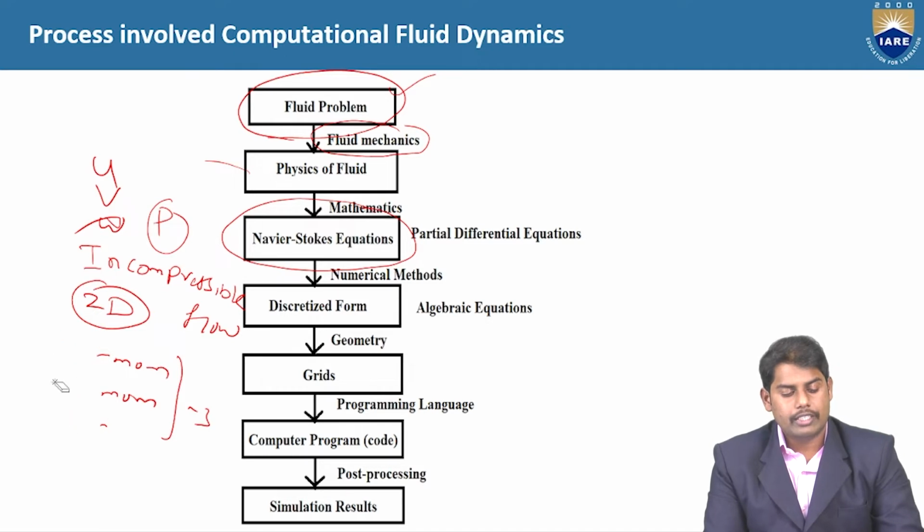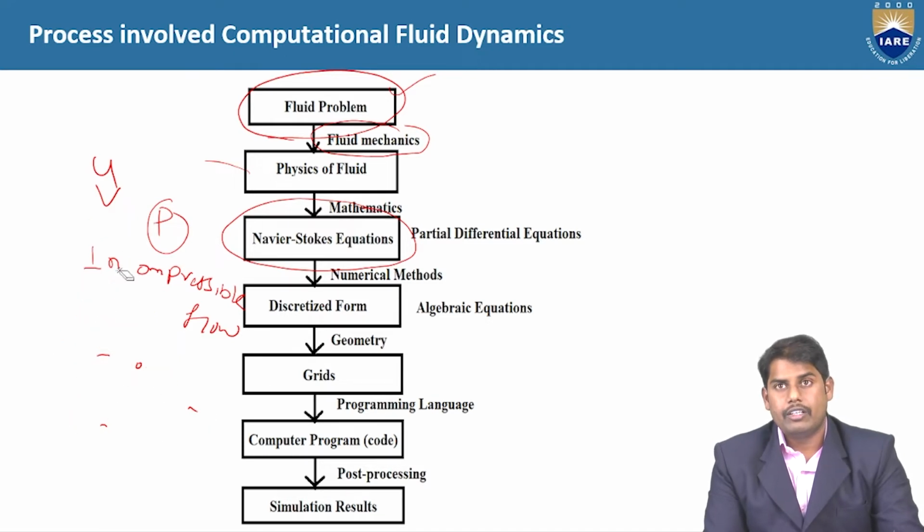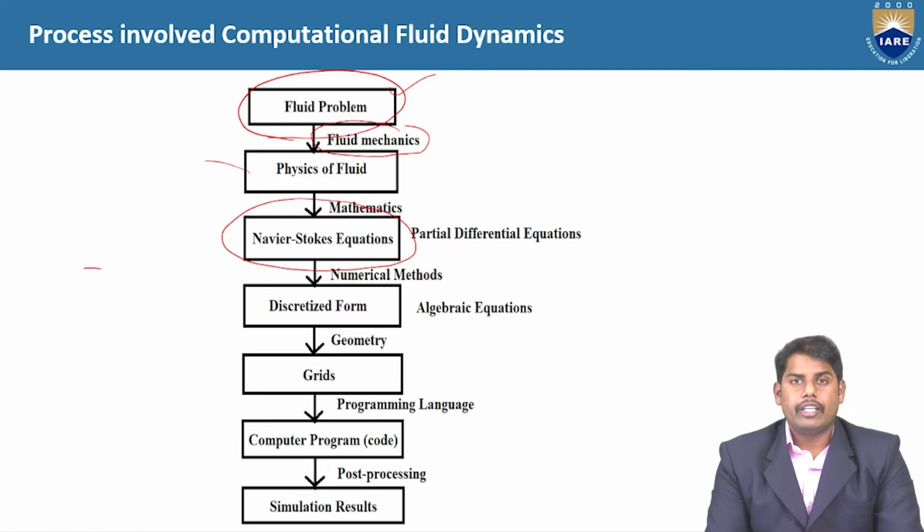So this is how, first, you need to determine which type of fluid flow problem we are taking and what type of governing equations we are taking. Once we determine the set of equations, we need to see what the discretized form of the equations is.